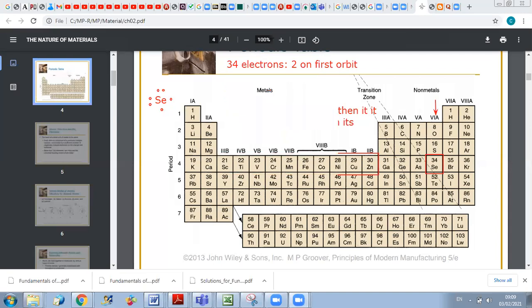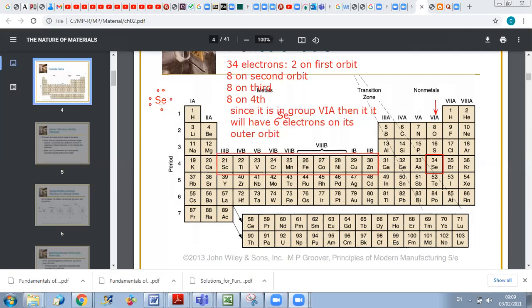Yes, very good. It will be covalent. Why will it be covalent? Because Se and oxygen both need only 2 electrons to complete their full set of electrons on the outer orbit.